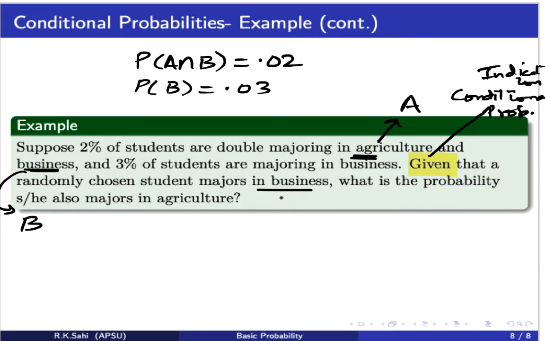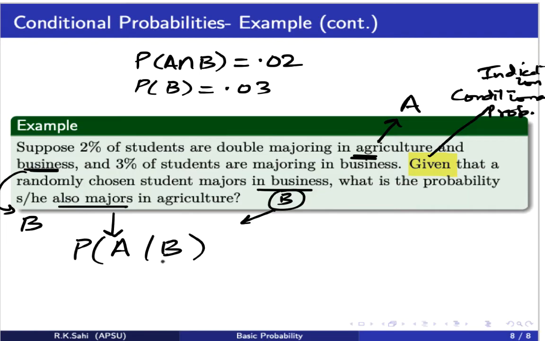So that means this business is B, remember? So this is what is going to be coming after the vertical line. It says given that a randomly chosen student majors in business. That's where it pops up. Okay, what is the probability that she or he majors in agriculture? So this one, it says, is A.